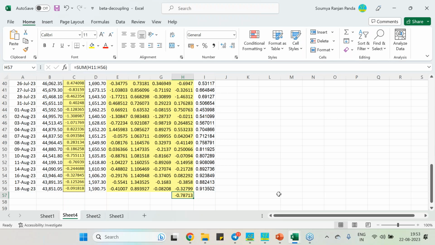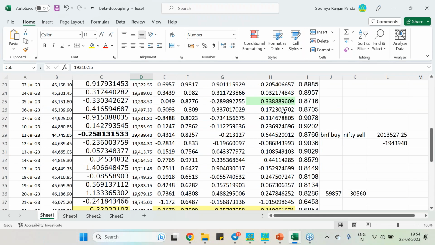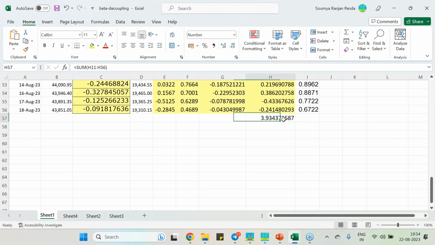Mathematically, you can identify it. No need to watch TV channels. You have seen that, and that is the proof. Whenever beta decoupling goes above +2 or -2 and it recouples, it generates profit.